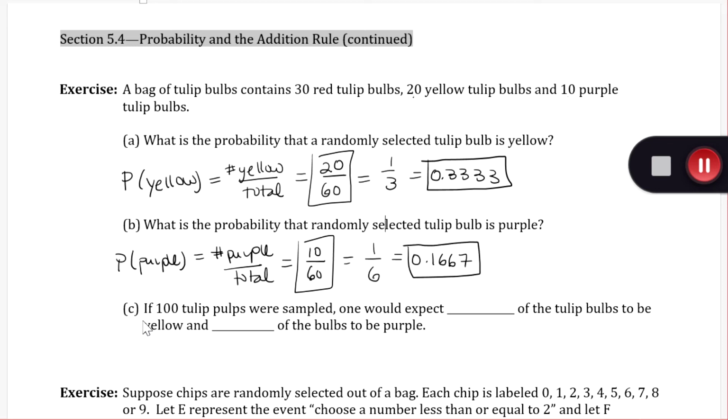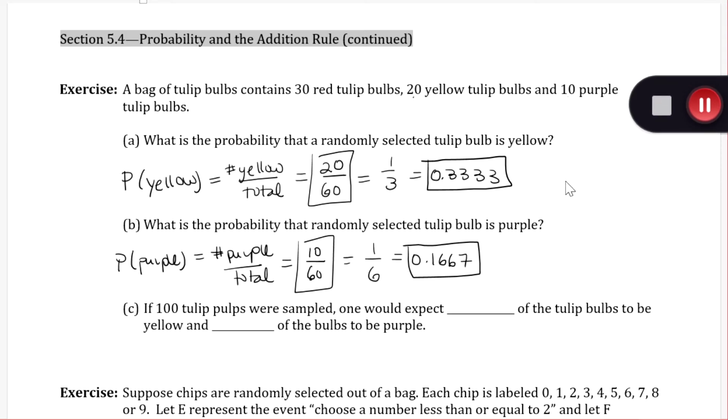Then you want to interpret this. So since we have 100 tulip bulbs, we're going to have 100 times 0.3333. So it's going to be 33.33.